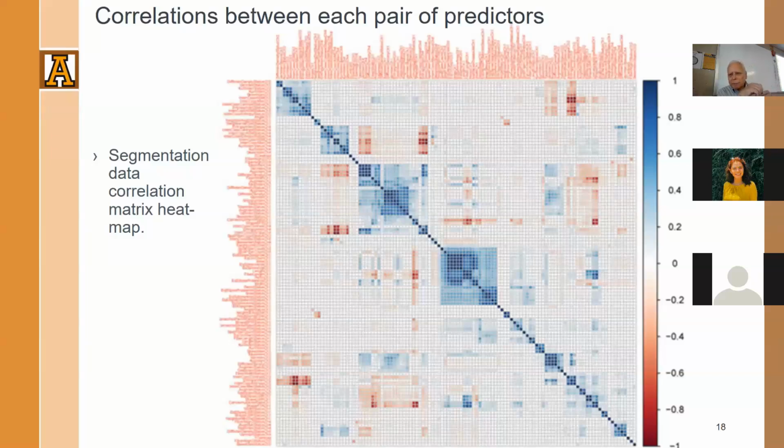The highest positive correlations are in dark blue, and the highest negative correlations are in dark red. If you see in this heat map, most of the high correlations are grouped together. So that's very helpful to see which predictors are highly correlated.